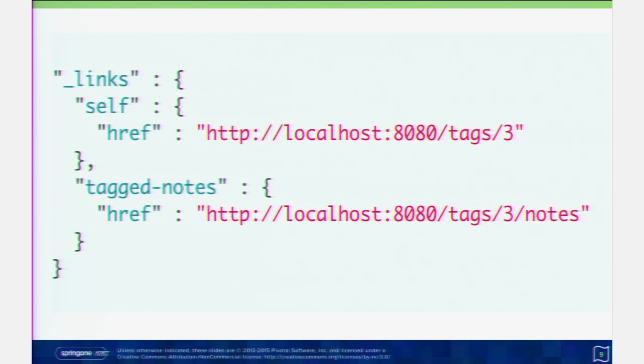So rather than reusing the notes relation on the link, we've called it tag notes, so that you know this is the particular resource you're going to go to if you follow a link, and you don't need to be aware of the context of the resource that you're in when you're trying to figure out where you're going to end up.